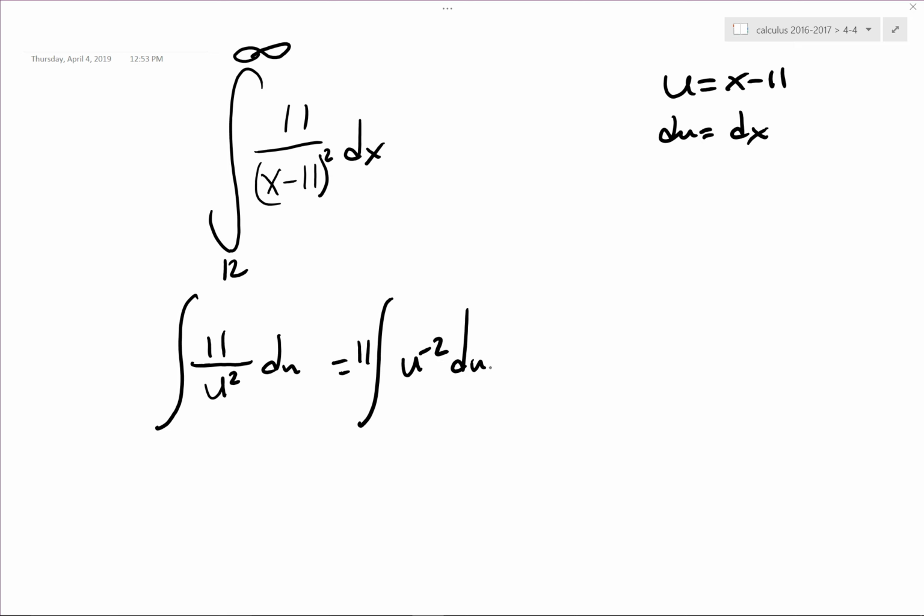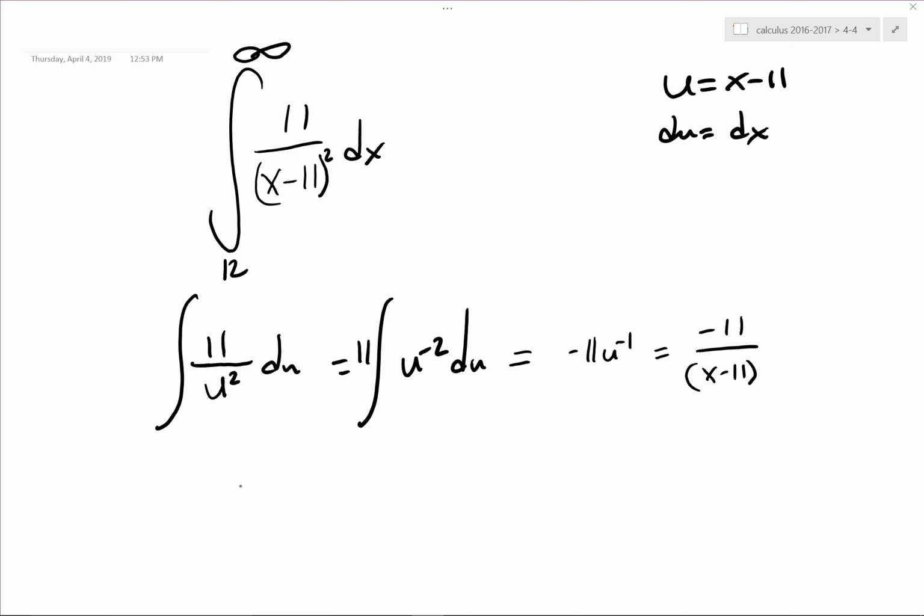What's the antiderivative of u to the minus 2? Negative 11 u to the minus 1. You add 1 to the exponent and divide by that exponent. And of course that is really just negative 11 over x minus 11.